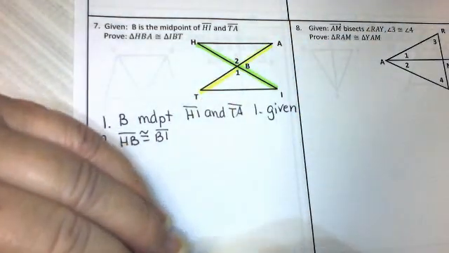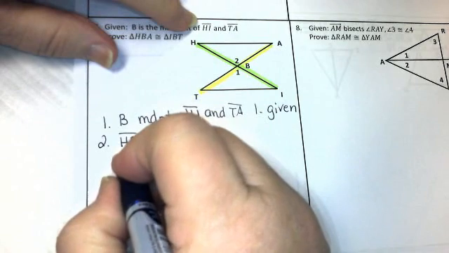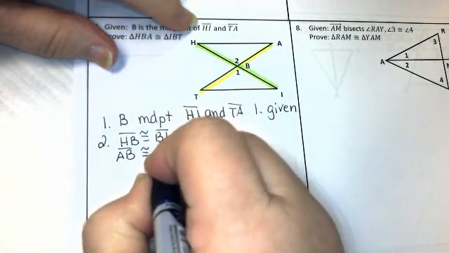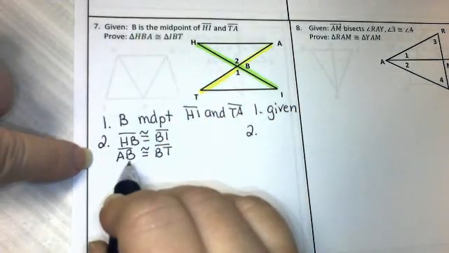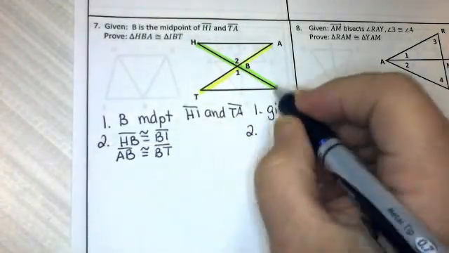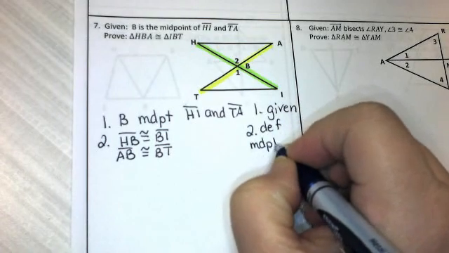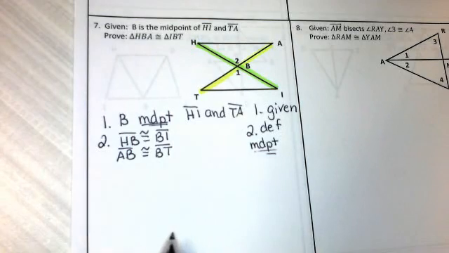If B is the midpoint of AT, what does that tell me? Well, that tells me that AB is congruent to BT. And the reason for both of those is the same, so I just went ahead and put them both in the same step. That's the definition of midpoint. Remember, if they use the term, we use the definition of midpoint.